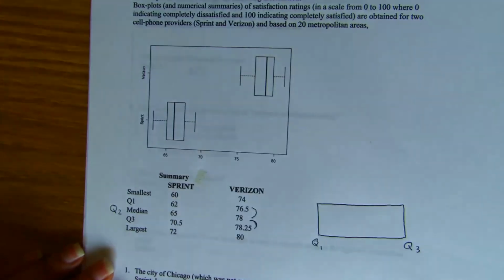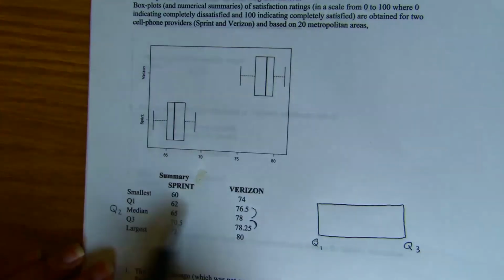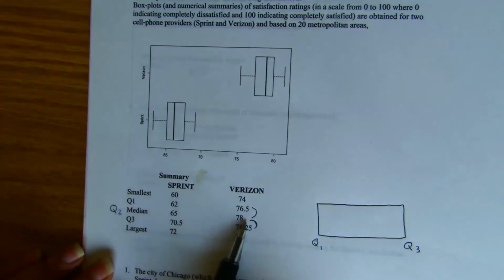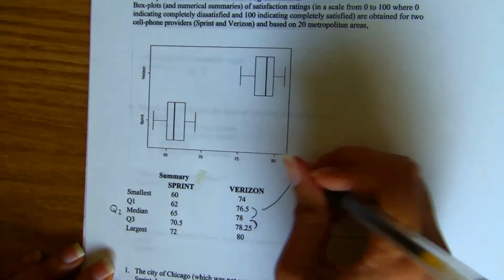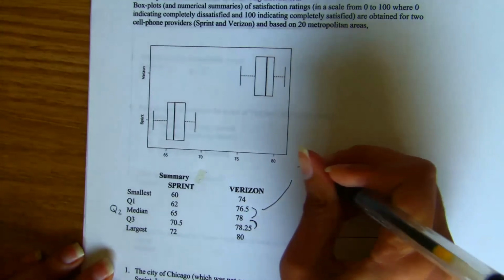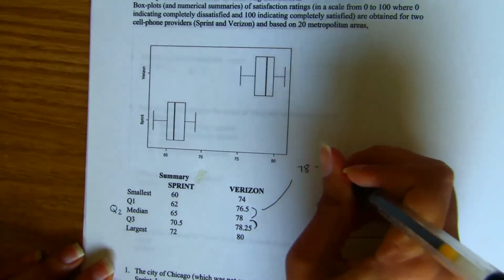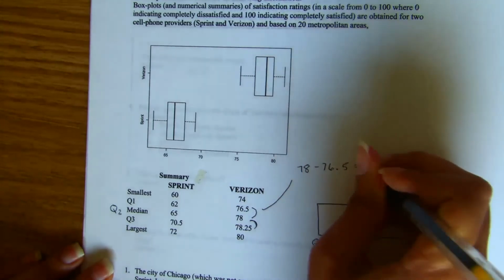The distance between Q1 and Q2: if you subtract 76.5 from 78, you're going to get 1.5.